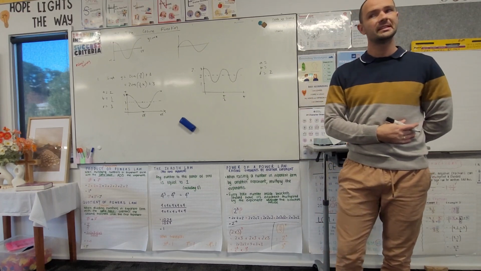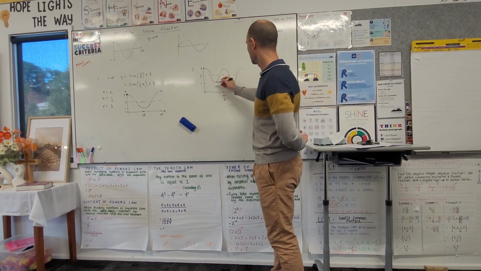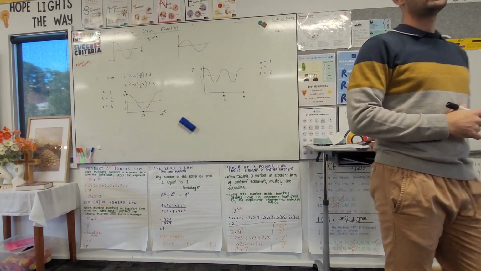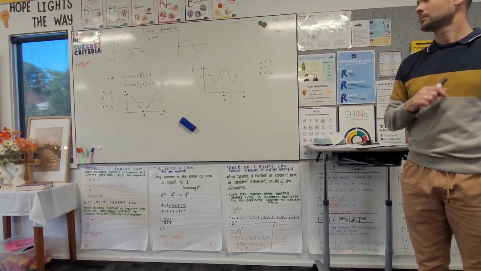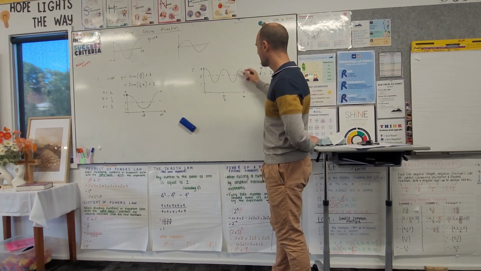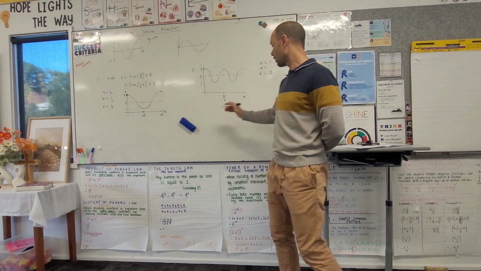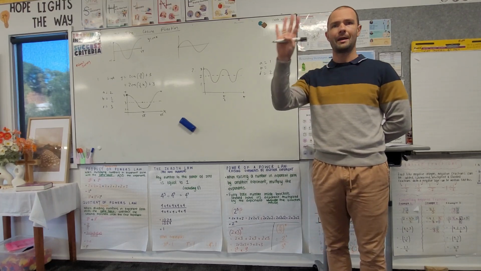The amplitude is the distance from a principal axis to a peak or to a trough. So our amplitude is 1. And the value of b is how many wavelengths are there in 2 pi? Well, what we can see is that we have 2 wavelengths in pi, which means if we were going to go all the way out to 2 pi, we would have 4 wavelengths.